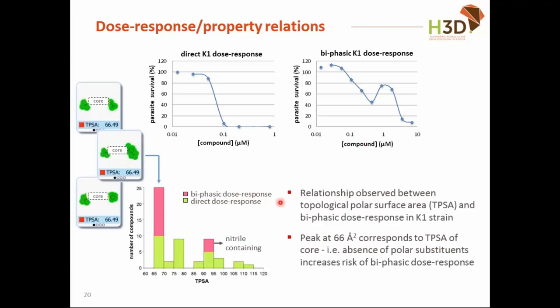And one interesting thing is that if we had a TPSA of 66.5, we were very likely to have a biphasic dose response.